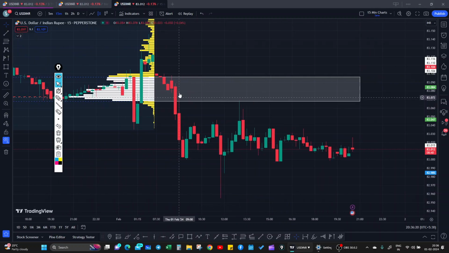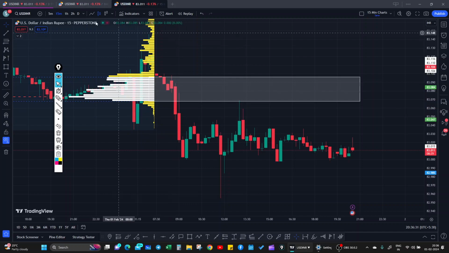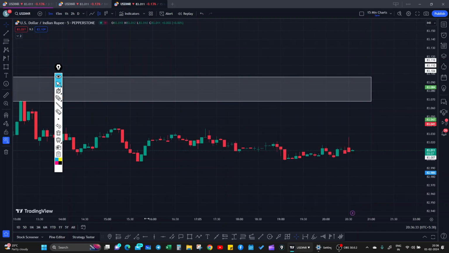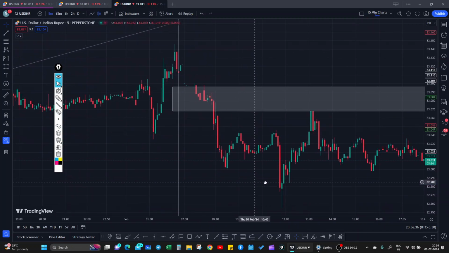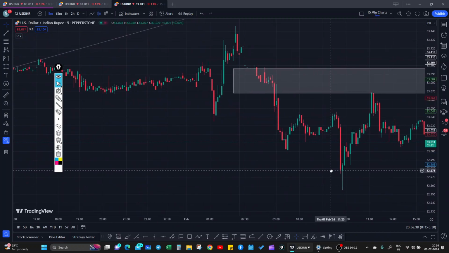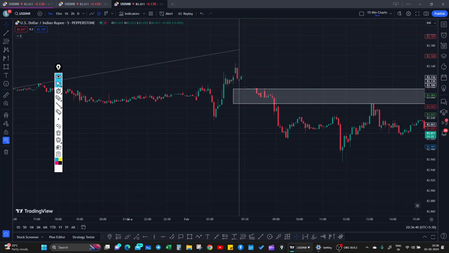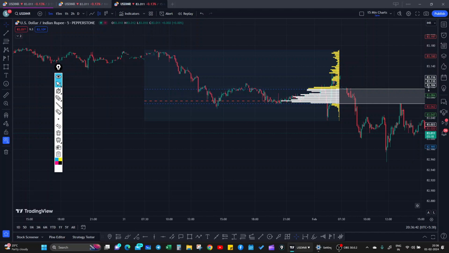The wick means the market has tested here and it didn't withstand and it came down. So after this candle, you have to wait for the test. You can go to a 5 minute time frame also if you want a proper entry. So we can go to a 5 minute time frame and just look for it.